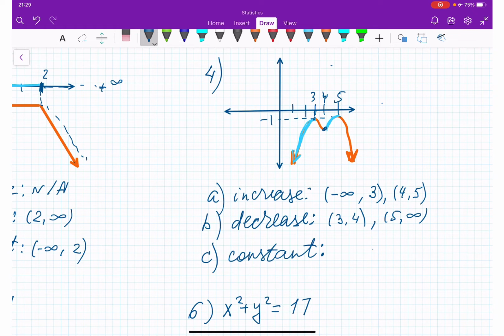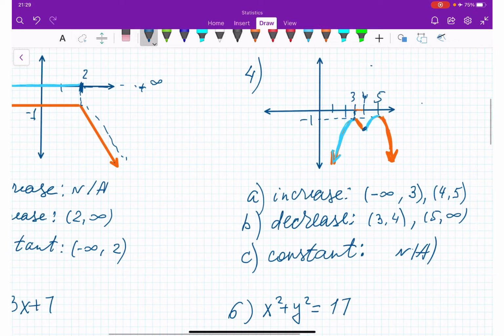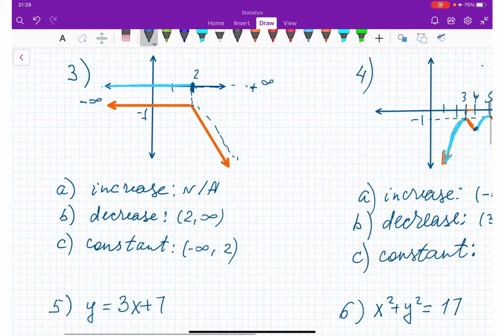So from 3 to 4 is decreasing right here. Yes? And then it's decreasing again from 5 to infinity. But x is running to positive infinity, obviously. And there is no constant here, so it's not applicable. All right. Moving to next question, question number 5.